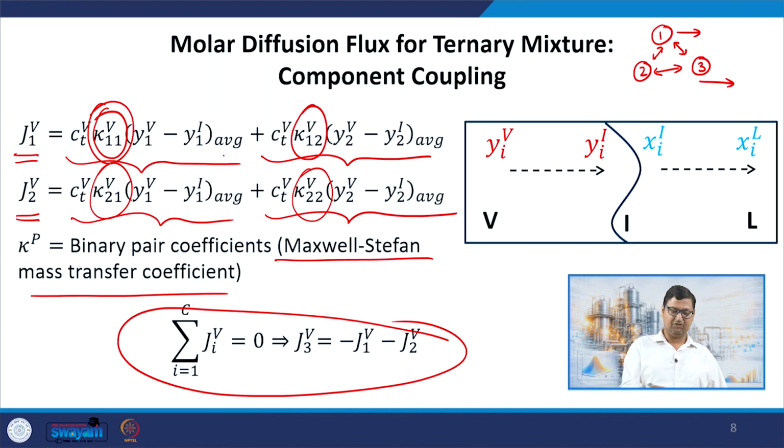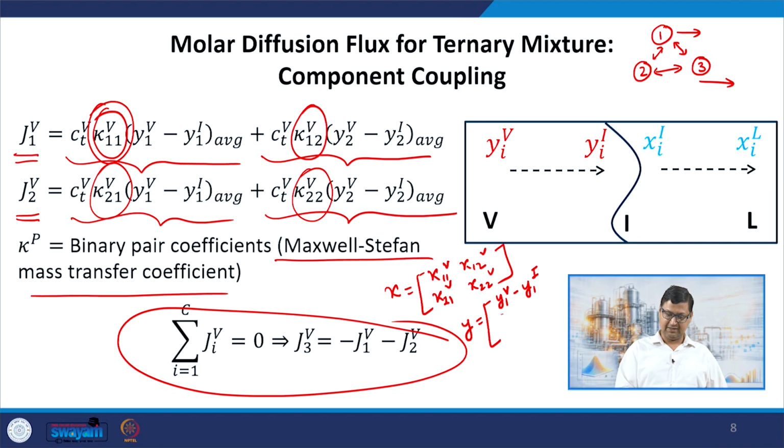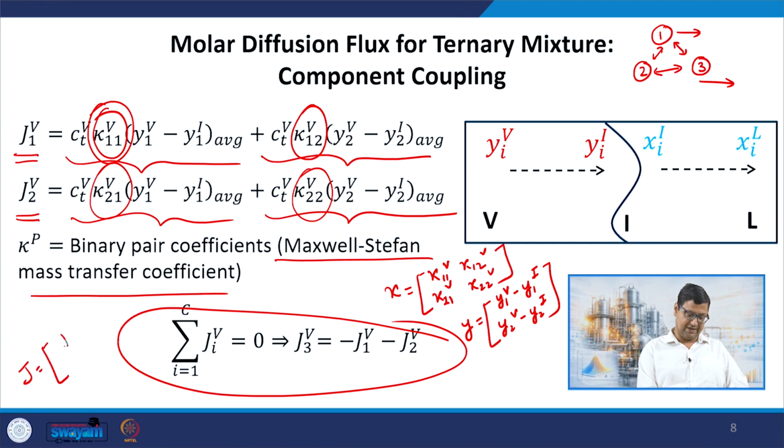Let us say I am writing it for this case, my kappa matrix will look like kappa 11, kappa 12, kappa 21, kappa 22, all for the vapor, and my y vector is going to look like y1v minus y1i and y2v minus y2i, and my j vector is going to look like j1v and j2v.